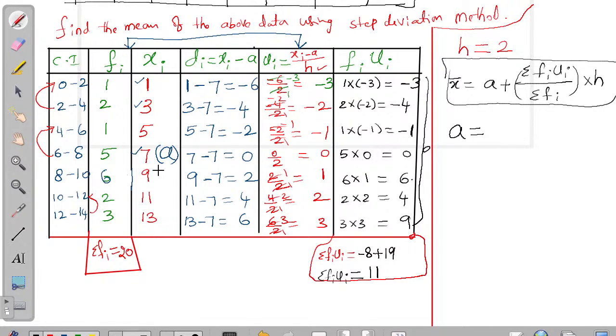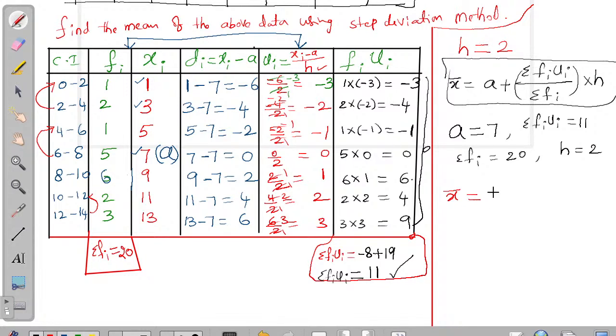A value is how much? 7. Sigma Fi Ui value here is 11. Sigma Fi value is 20. H is equal to 2.